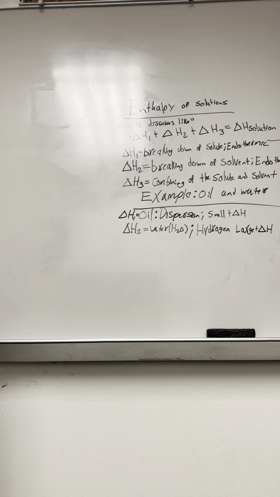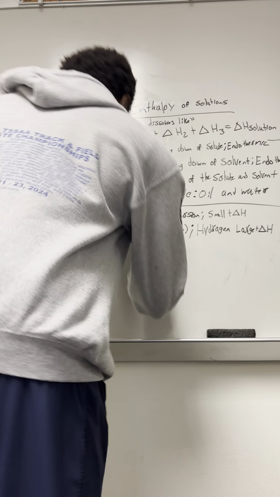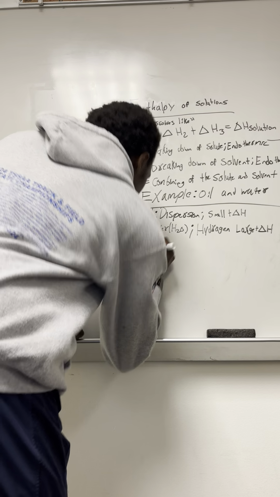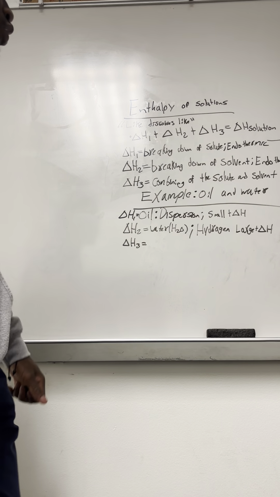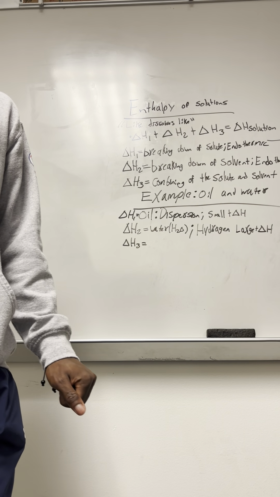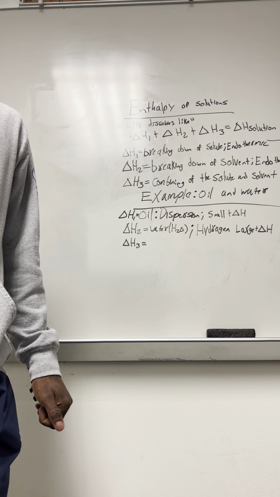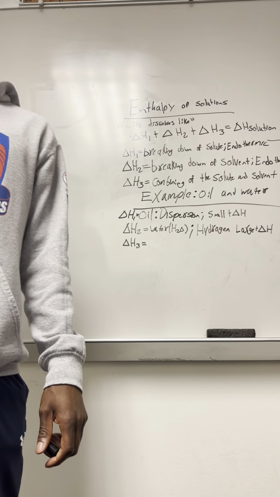And then you will have your delta H3, which is the mixing of the two. This is going to be a small exothermic force because these two aren't favorable when it comes to combining. It'll be a small negative value because it'll release a little energy, since the intermolecular forces don't usually take energy to form.